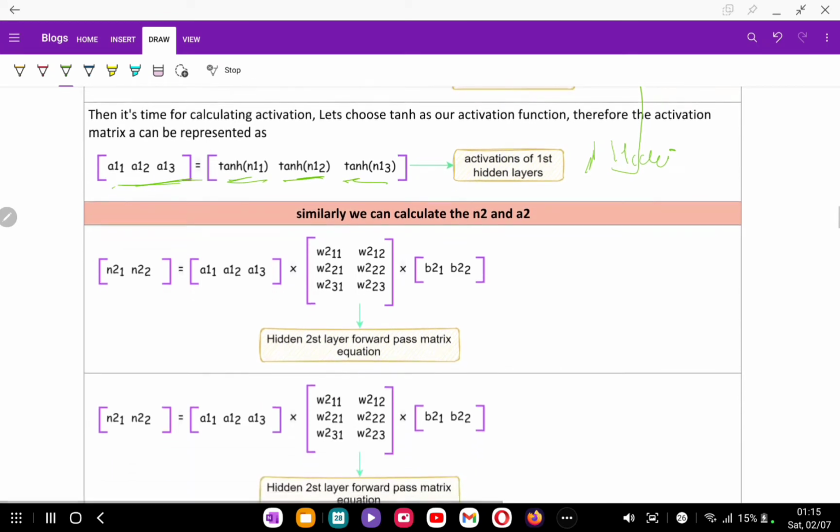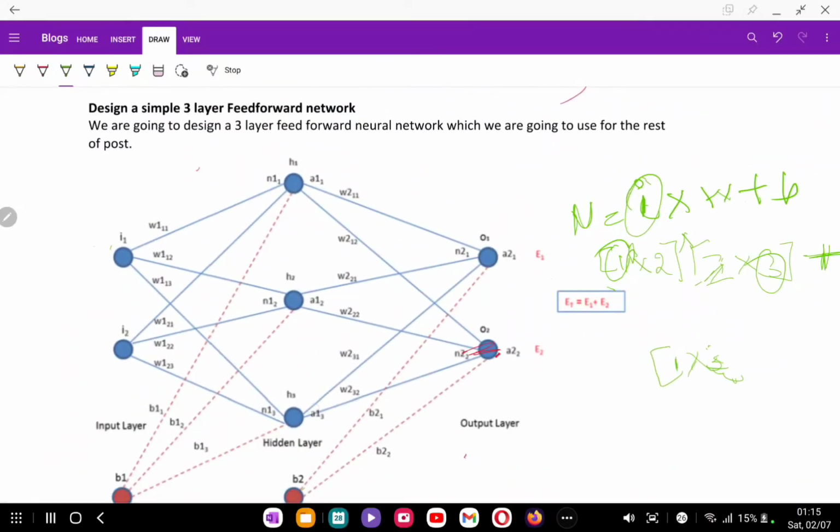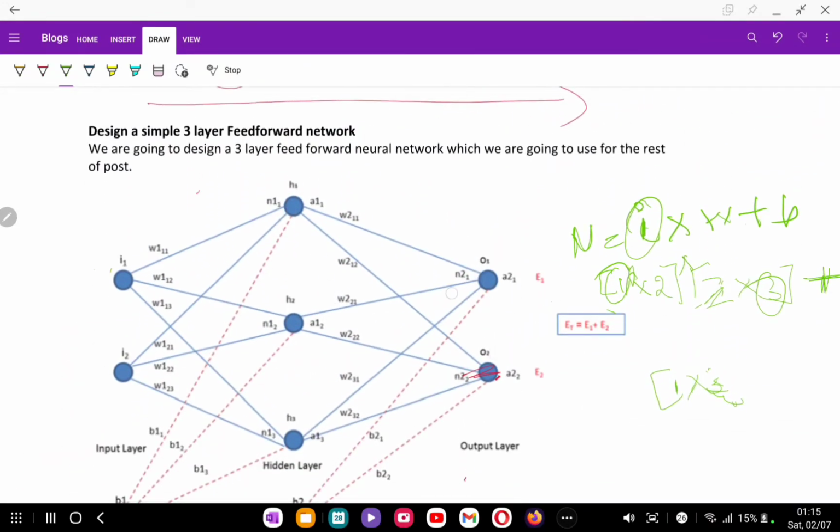Now similarly, you can have the output equation for the second hidden layer. Whatever we calculated in the first hidden layer, the output of this layer will act as the input for the next layer. Now the output is a 1 by 3 matrix. This is a 3 by 2 matrix, as I said earlier, 3 neurons in, 2 neurons out.